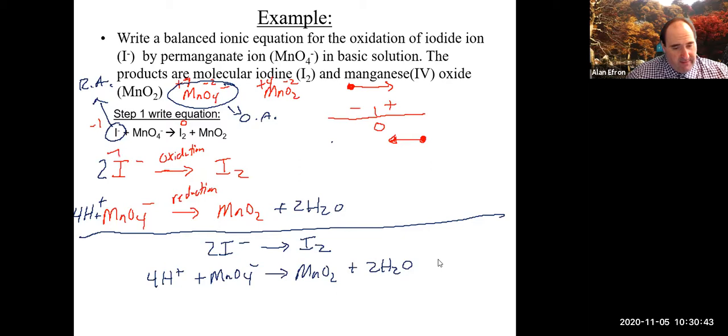That means we need to add a couple of electrons on our right-hand side. That's going to give us a -2 on the right and a -2 on the left. Also makes sense. Again, this was our oxidation half reaction. We added our electrons to the product side, so that makes sense.